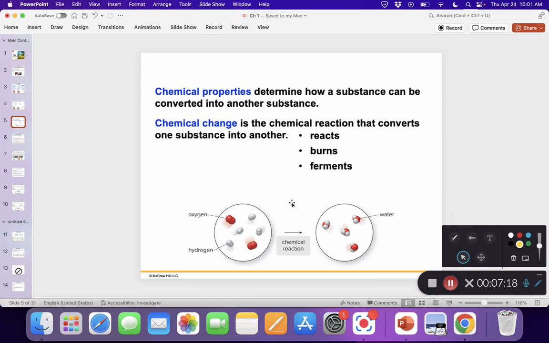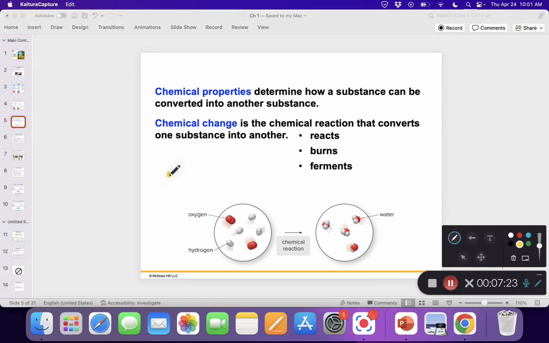That water we were talking about, if we do some kind of electrolysis and we break down the water molecule into hydrogen and oxygen, we are doing a chemical change here because it is a chemical reaction.